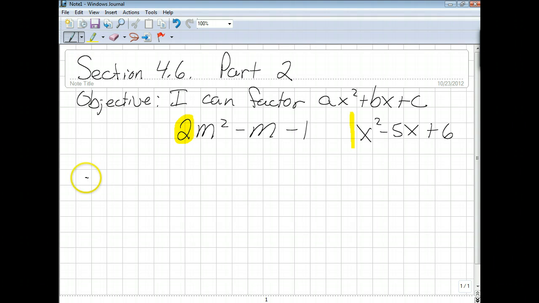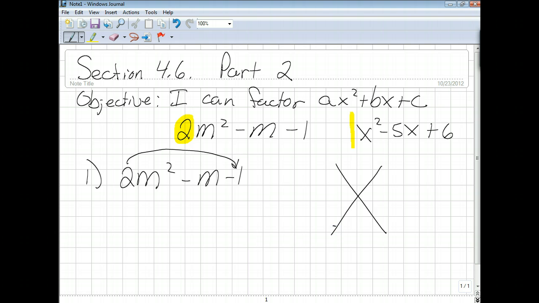So example number 1. So using this same problem, 2m squared minus m minus 1, right? Step number 1 is to take the leading coefficient and multiply it times the constant. And so you're going to get 2 times negative 1 is negative 2.